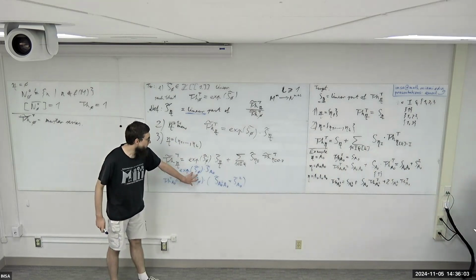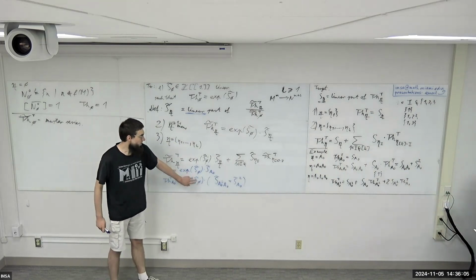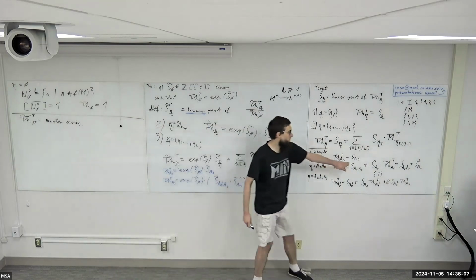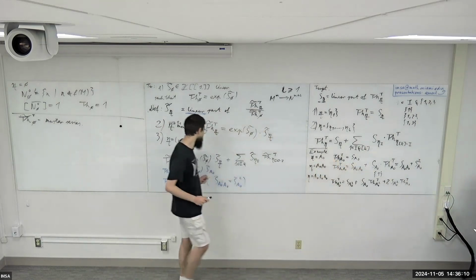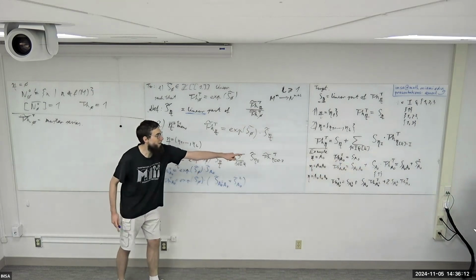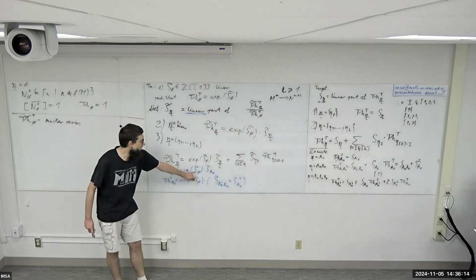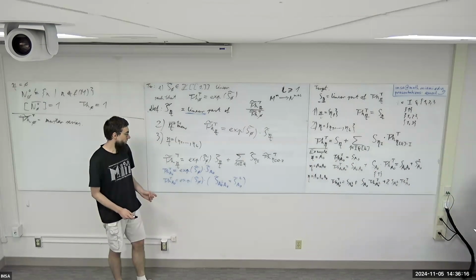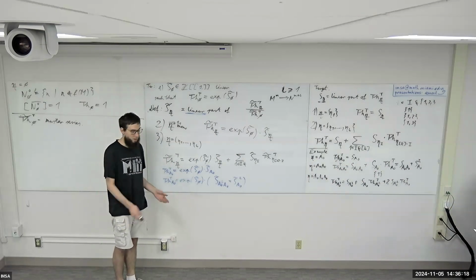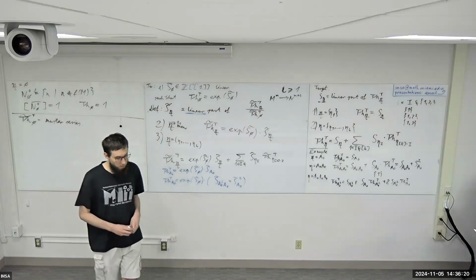And this polynomial in the lowest degree is exactly the polynomial from here. These are power series, not polynomials, but in the lowest degree they are the same.